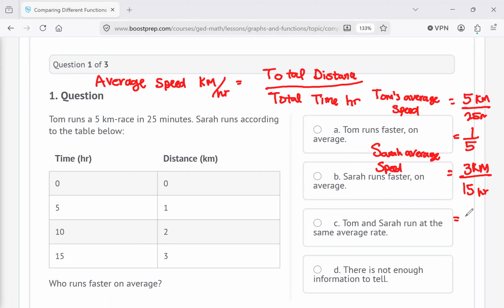So 3 out of 15 can be reduced by 3, so that would be 1/5. It looks like they're the same, 1/5 and 1/5. So I don't think it's A, I don't think it's B. I think it's C: Tom and Sarah run at the same average speed.